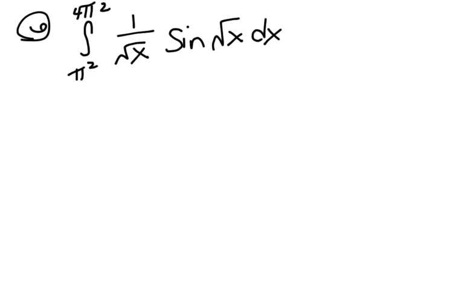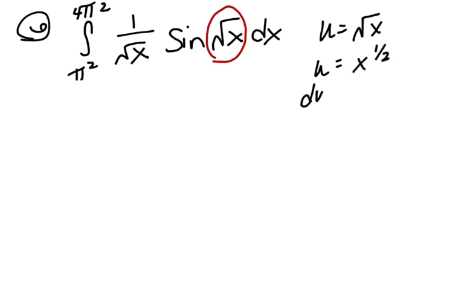Now, what is the inside function here? It is square root of x. So u equals square root of x, which could also be thought of as x to the 1/2 power, and the derivative of u with respect to x is 1/2 times x to the negative 1/2 power.